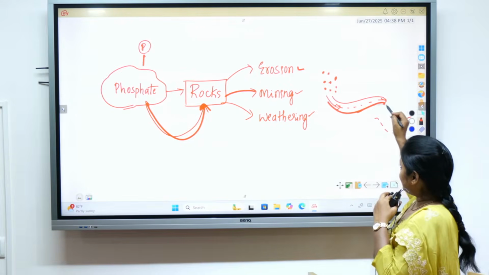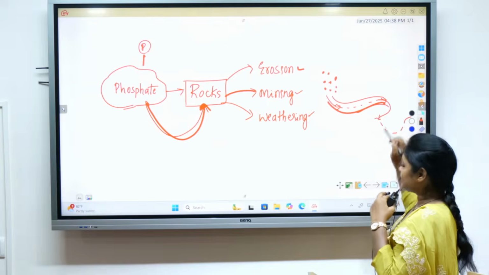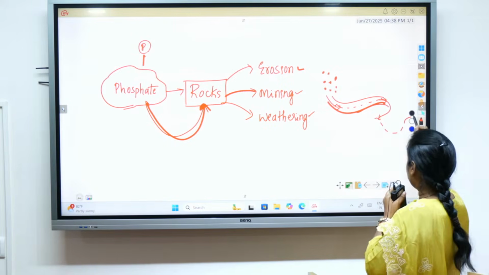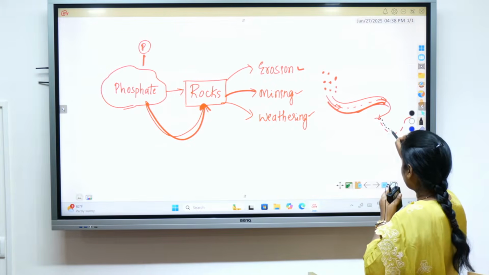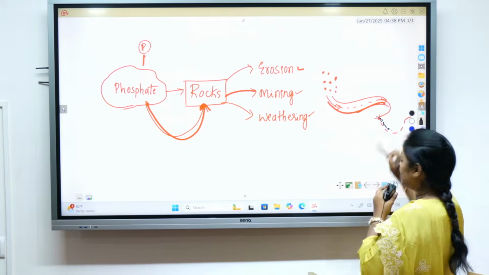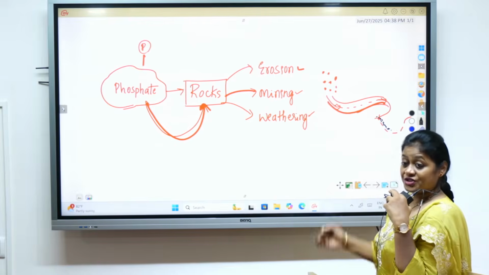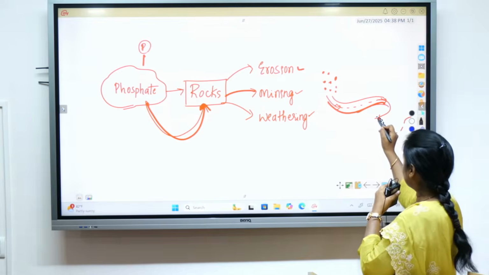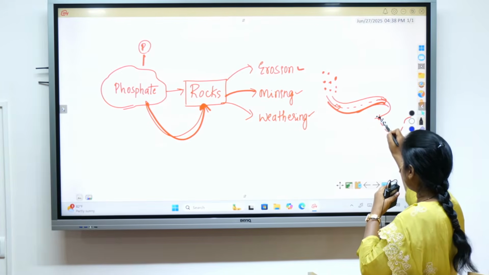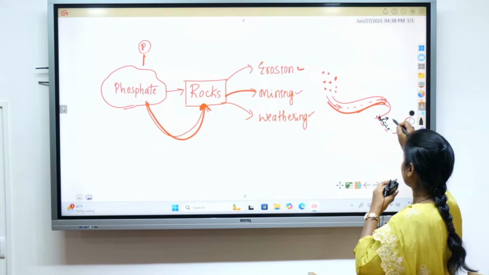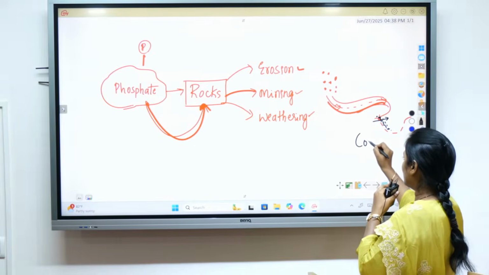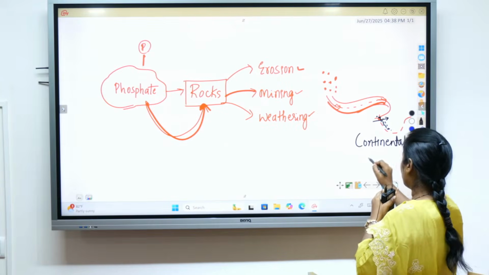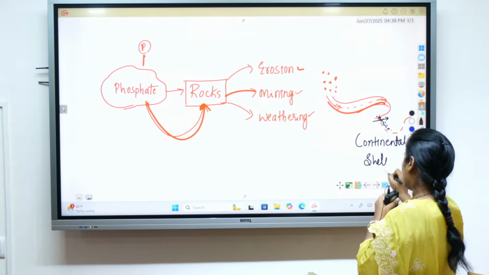Finally, the river reaches the ocean, where the phosphate gets deposited on the continental shelf of the ocean.